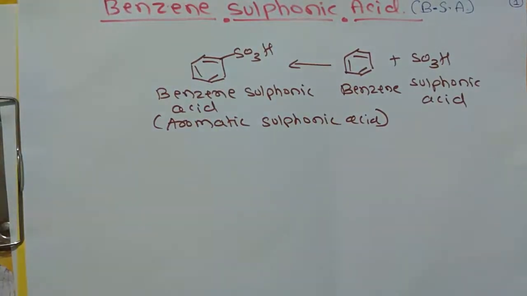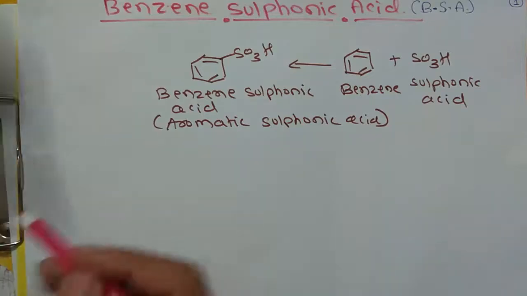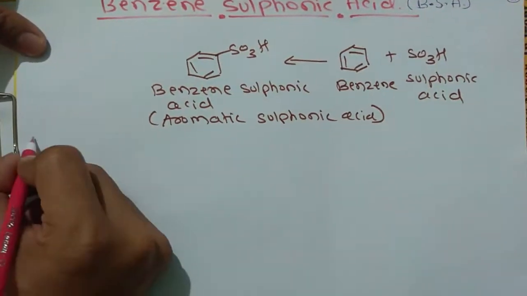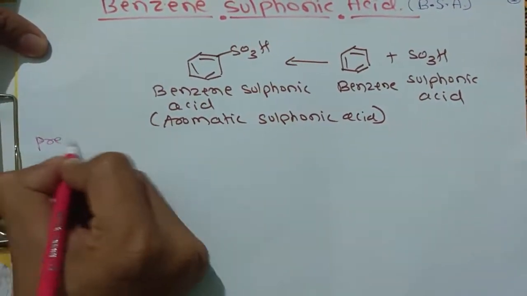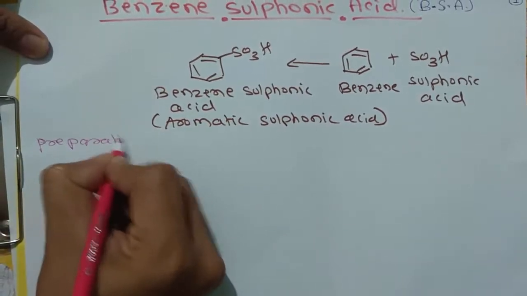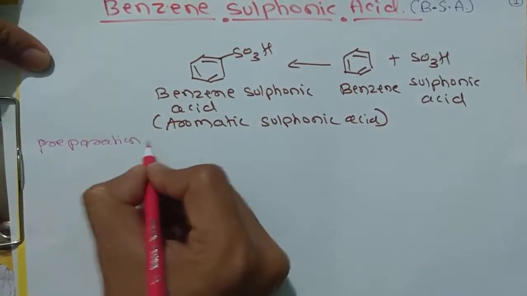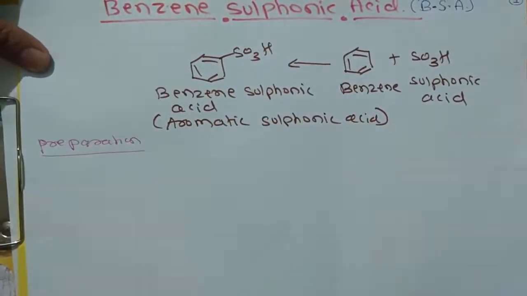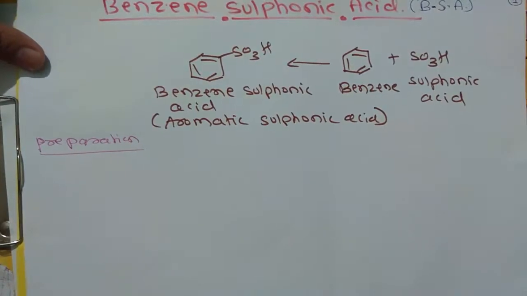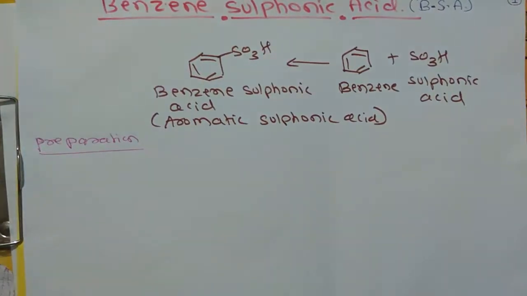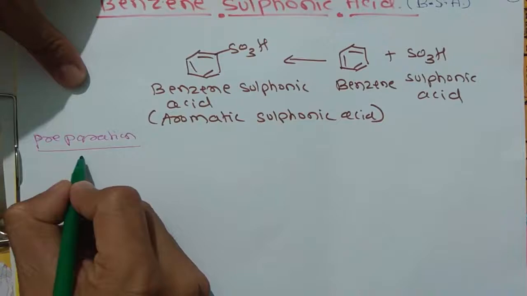Here we have to study the preparation of benzene sulfonic acid. We know that benzene sulfonic acid is prepared by using sulfuric acid. See here, it is the benzene.